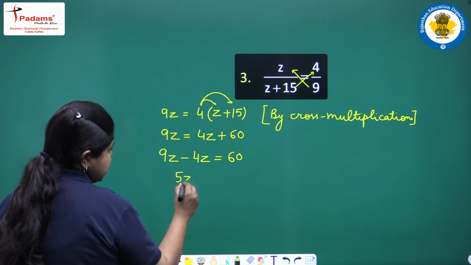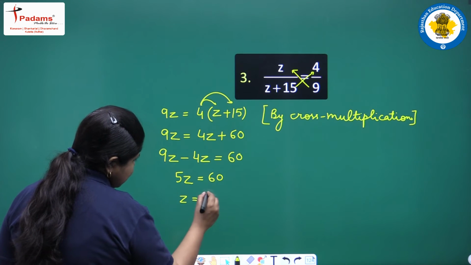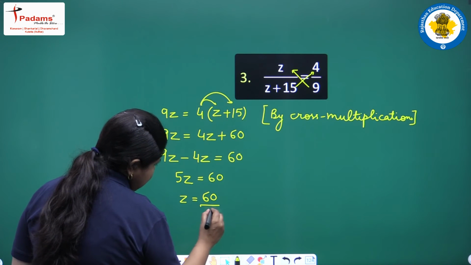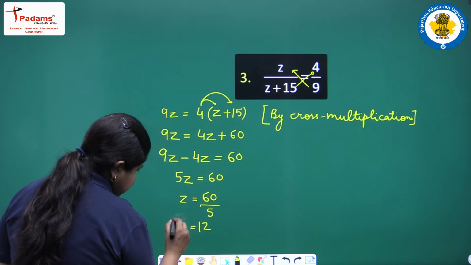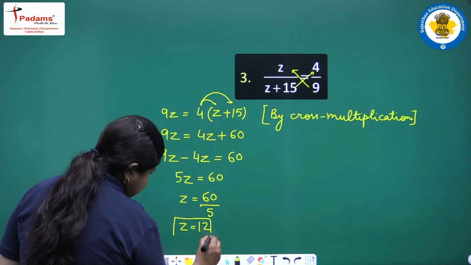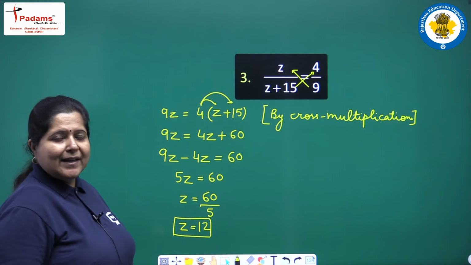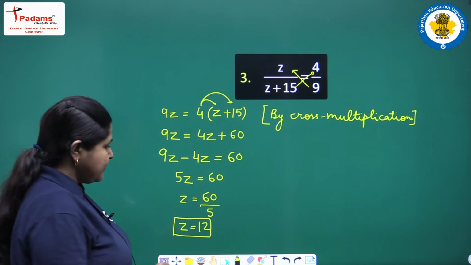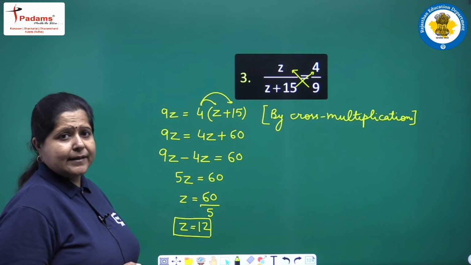So, we get 5z equal to 60, or z equal to 60/5, which is equal to 12. 12 5s is 60. So, we get the answer to be 12. Is it okay? You can always check your answer by substituting this value in the LHS and RHS.